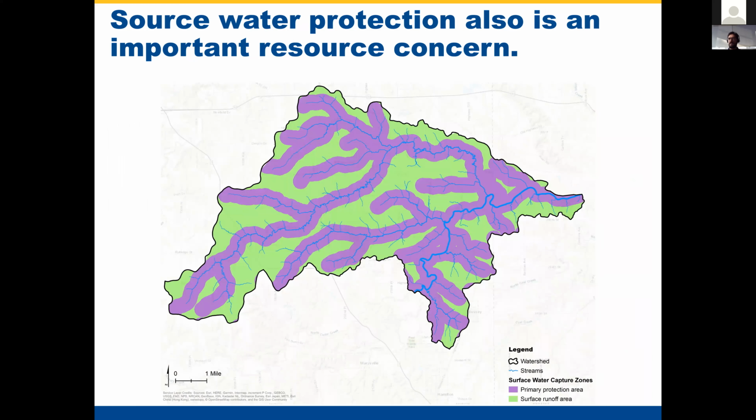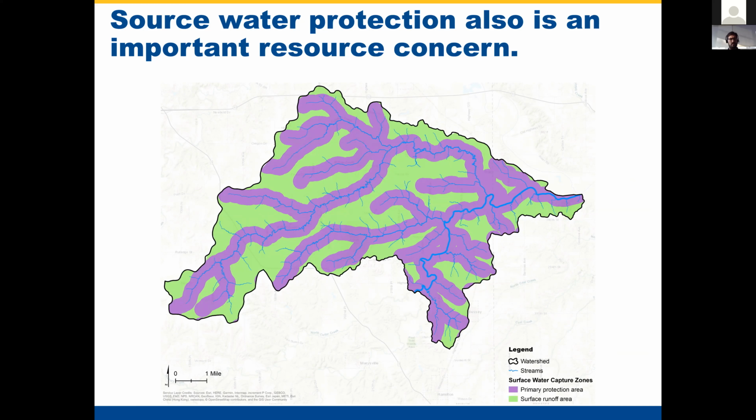One other concern here is source water protection. This watershed is upstream of several different source water users. So I know the city of Ottumwa, as well as other small towns, draw water from these areas.